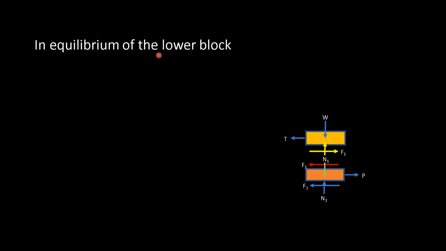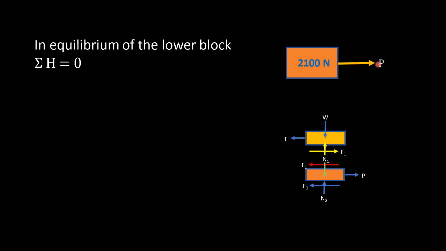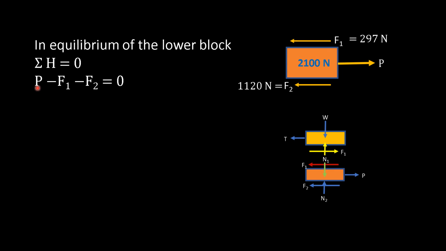In equilibrium of the lower block, summation of horizontal forces equals 0. Now the horizontal forces are P, F2 1120 Newton towards left and F1 297 Newton towards left. So we write P minus F1 minus F2 equals 0. P is positive because it is rightwards and F1 and F2 are negative because they are leftwards.